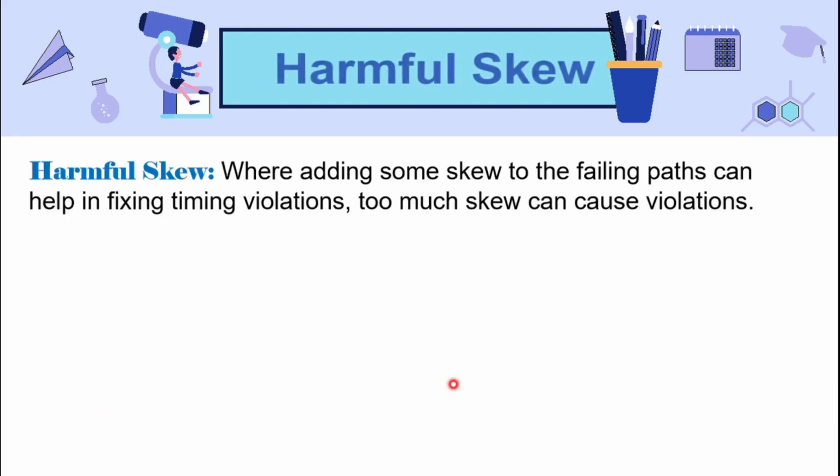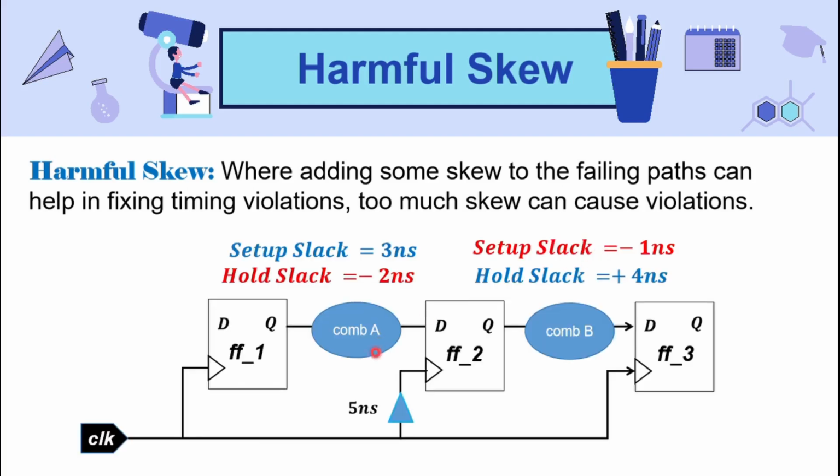The second type of skew is harmful skew. It is a kind of skew we can add to failing paths, fixing timing variation, but it can cause other variations. It solves one variation but causes another. As you can see in the design, if we change the value of this buffer to be 5 nanoseconds, we're gonna find out that for the first path it solves the setup variation, but it leads to hold variation with negative slack equal to -2 nanoseconds.